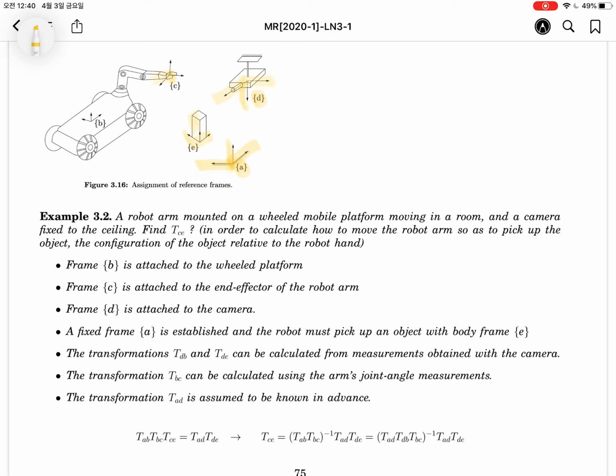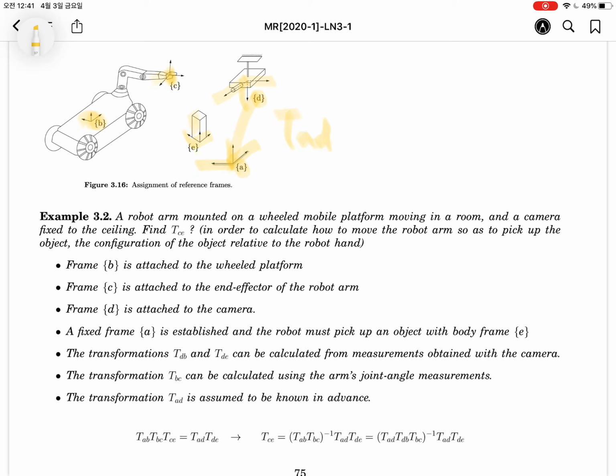Maybe after we install the camera, we can get the TAD. It's very easy to obtain it using the rotation and the translation. And the robot will move on the ground. So let's attach the body frame B and attach the coordinate frame C at the end effector of the robot arm.